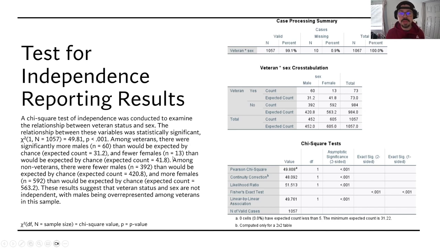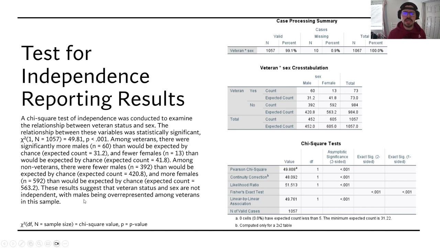And fewer females with an n of 13 than would be expected by chance. Expected count equals 41.8. Among non-veterans, there were fewer males, n equals 392, than would be expected by chance. Expected count 420.8. And more females, n equals 592, than would be expected by chance, with expected count 563.2. These results suggest that veteran status and sex are not independent, with males being overrepresented among veterans in this sample.